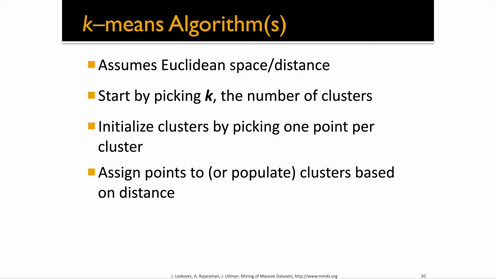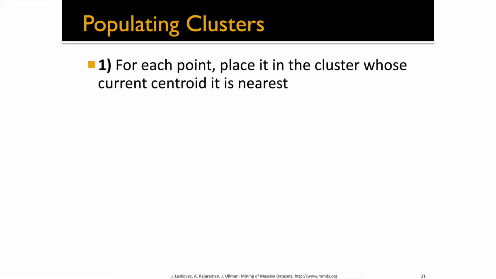And then we want to try and populate these clusters by assigning points in our data set to clusters that are close to them. And then we iterate through this process, reassigning points to clusters and updating our clusters until we reach some convergence. So when we talk about populating these clusters, what we do is, for every point in our data, we want to place that point in the cluster whose centroid is closest to that point.